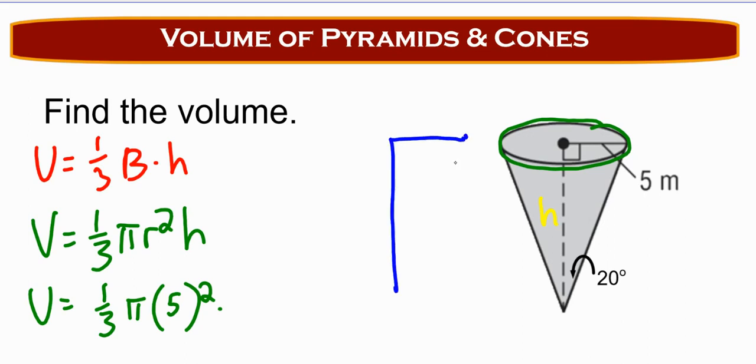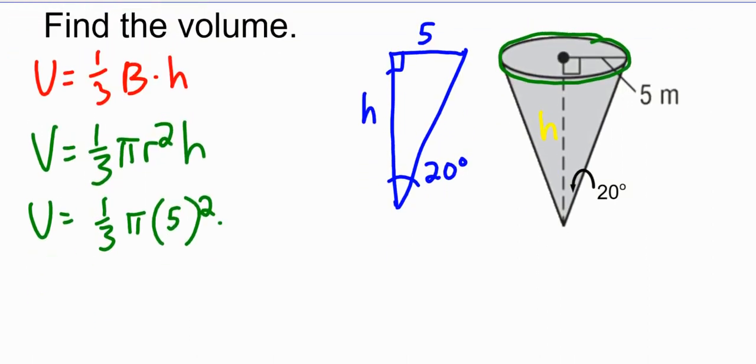that I'm just going to draw out here. This is a right triangle. This distance is 5. h is what we're looking for. And we know that this angle here is 20 degrees. So if we know an angle and a side length, and we're trying to find another side length, that means we have to use one of our trig ratios, SOHCAHTOA.